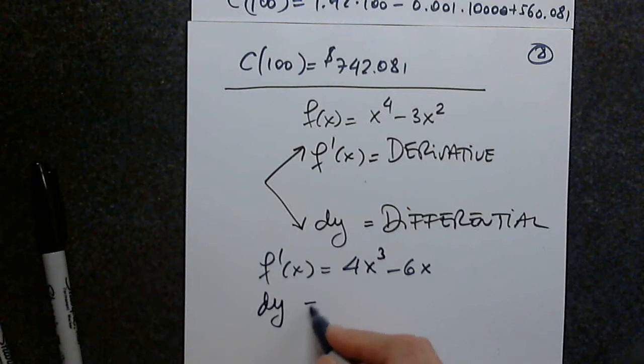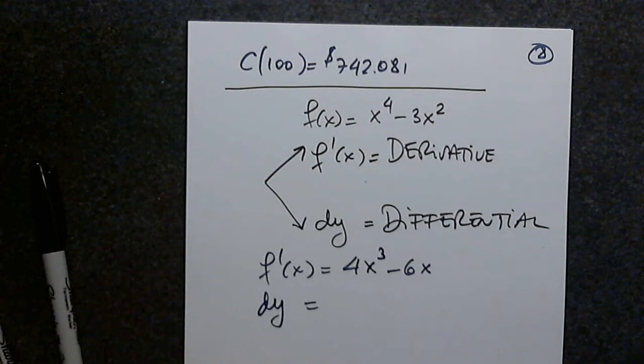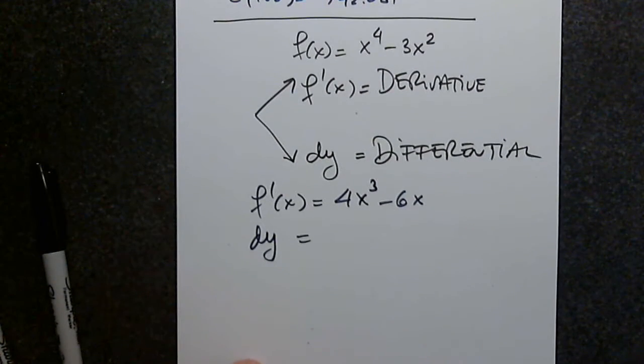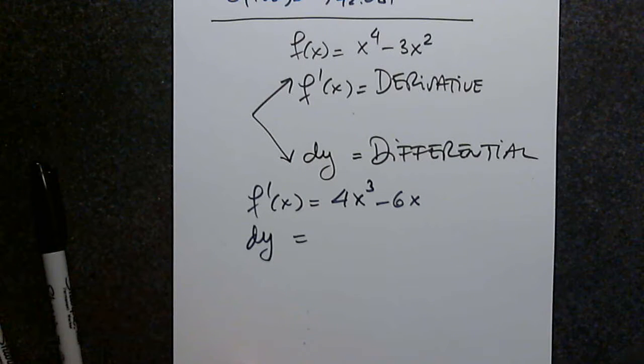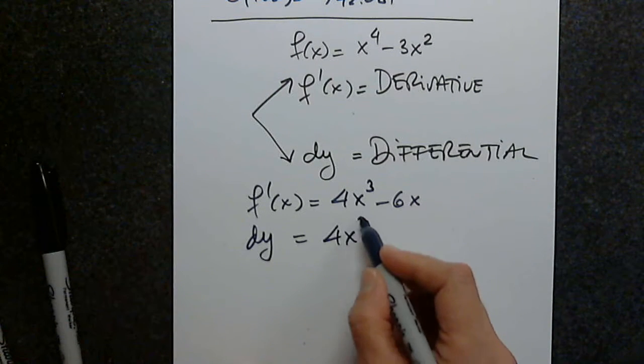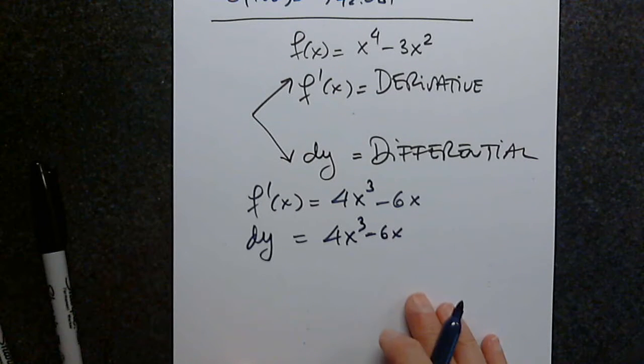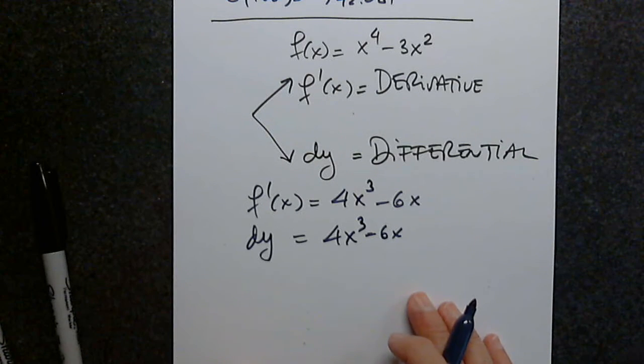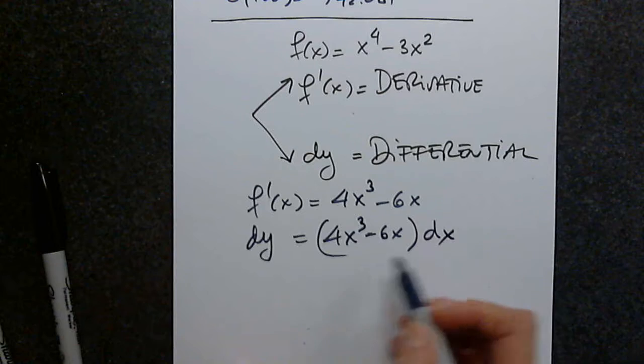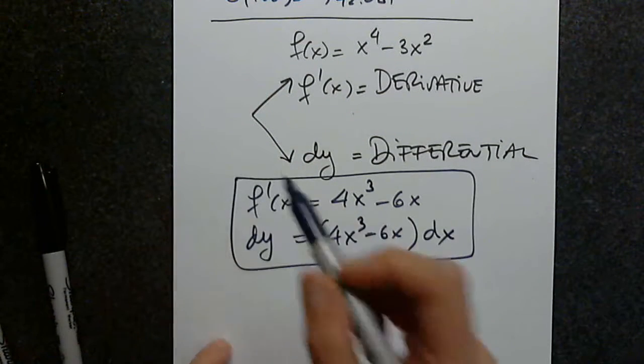What about dy? What is dy? It's not the same as f prime. So 4x cubed minus 6x times dx. Very good.